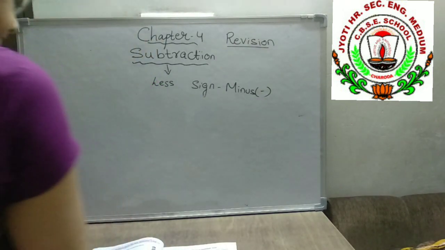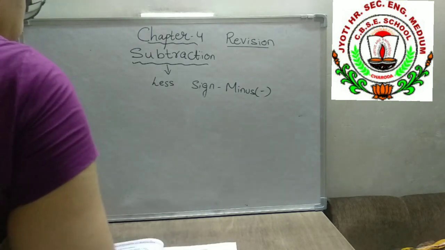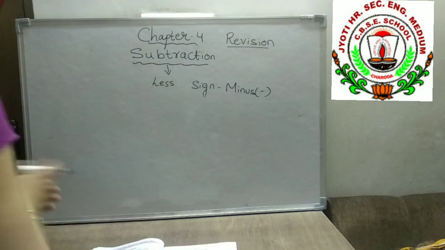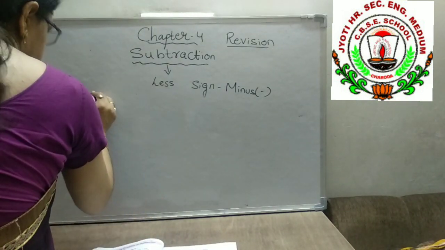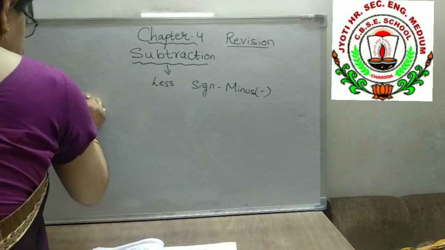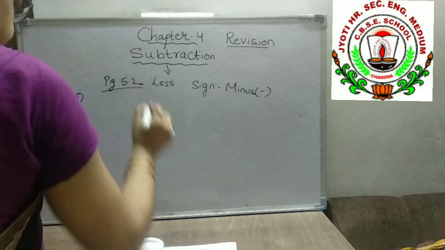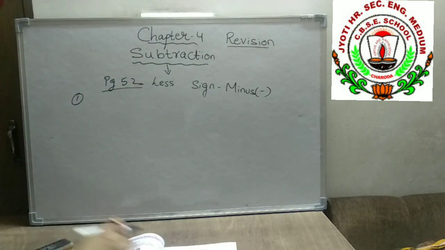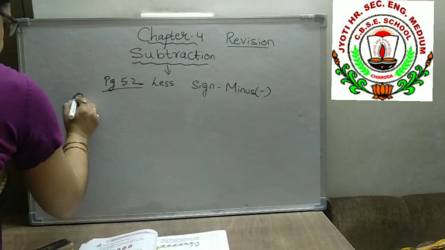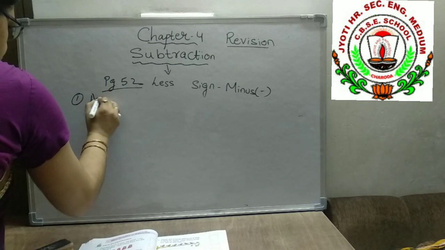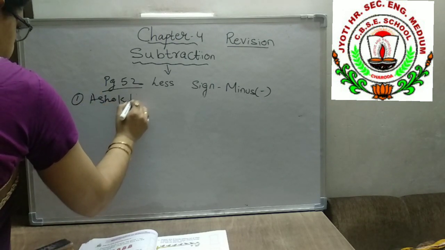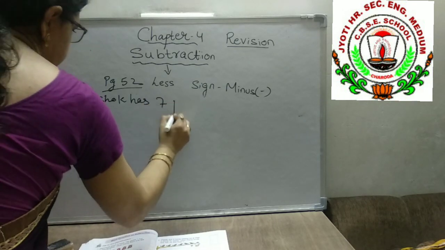Let us take, now I am taking one or two word problems. It is given on page number 52. Now in this, question number 2: Ashok has 7 pens.